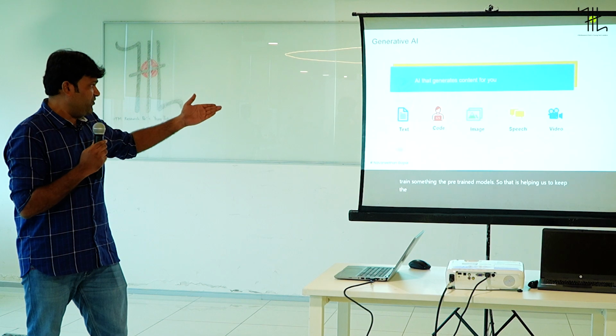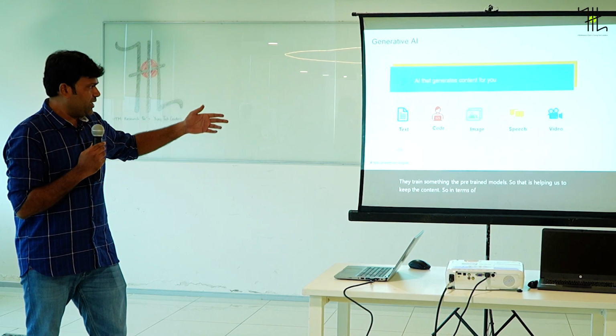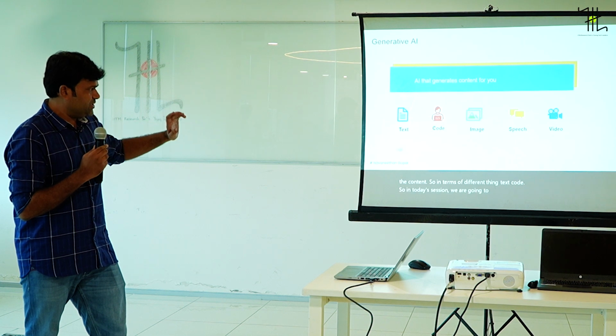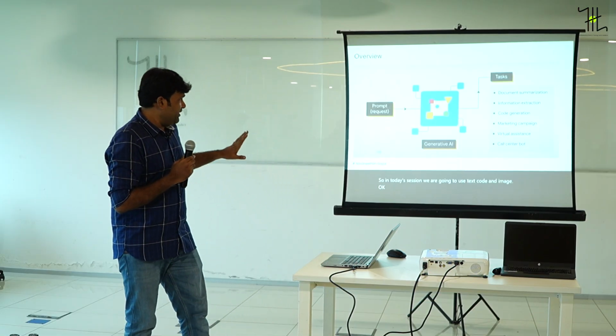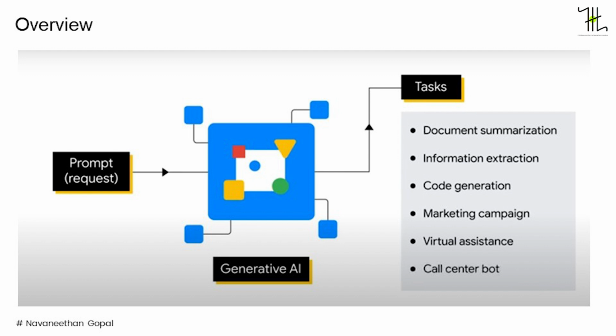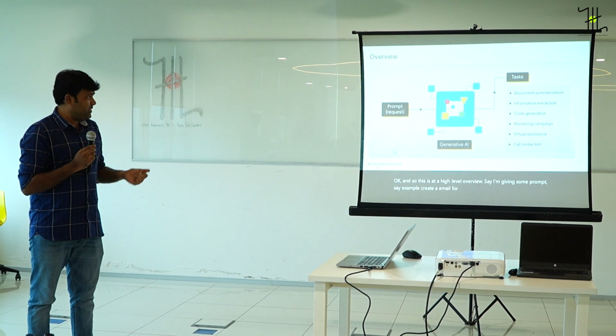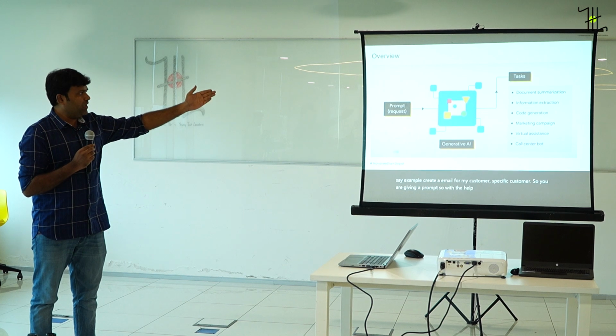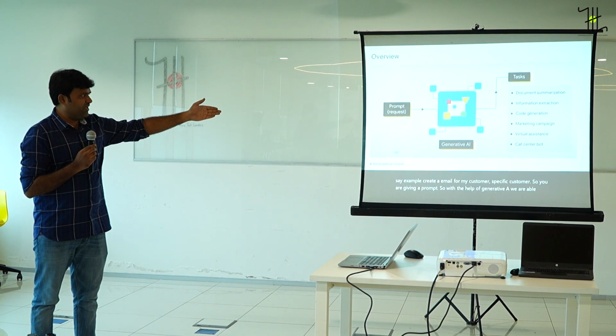So in terms of different things: text, code, or image. In today's session, we are going to use text, code, and image. This is a high-level overview. Say I'm giving a prompt, for example, create an email for my specific customer. So you are giving a prompt. With the help of generative AI, we are able to do different sets of tasks.